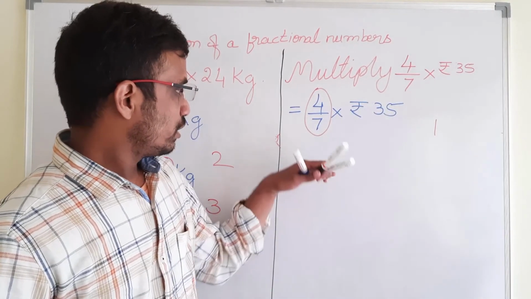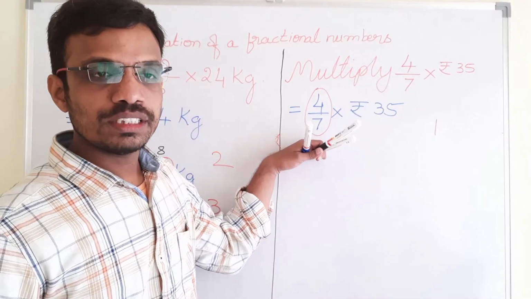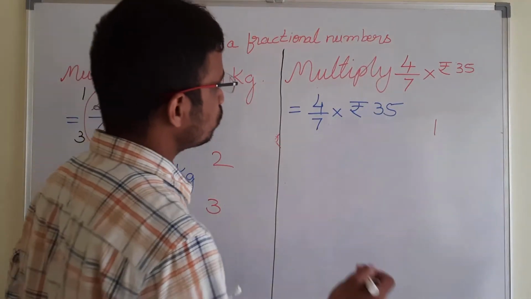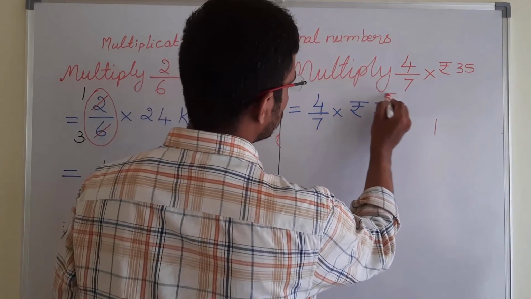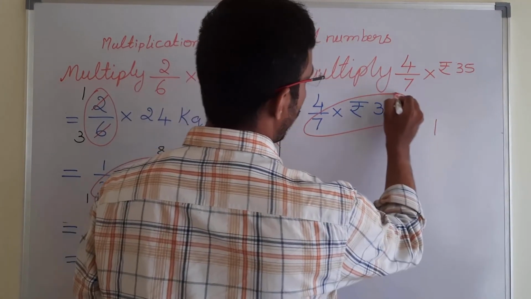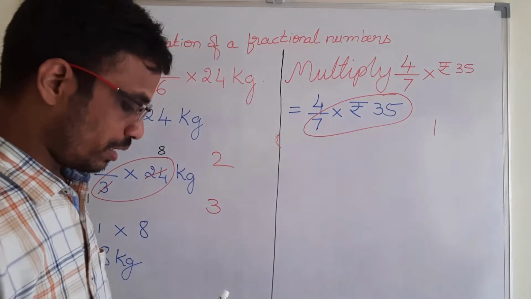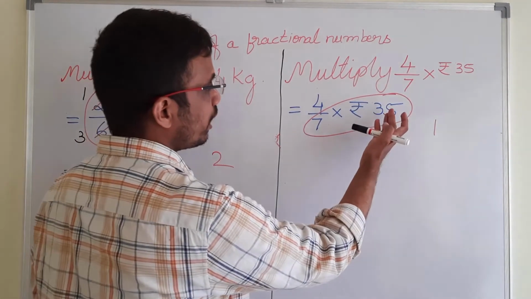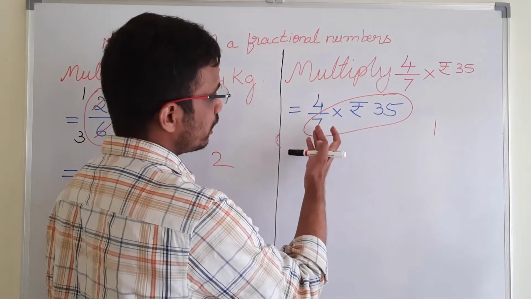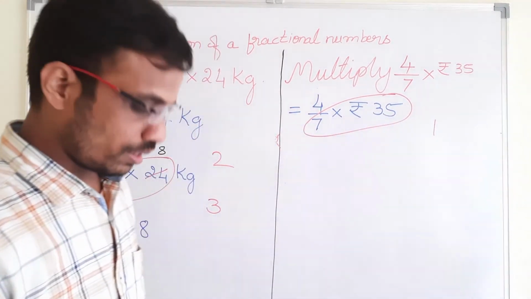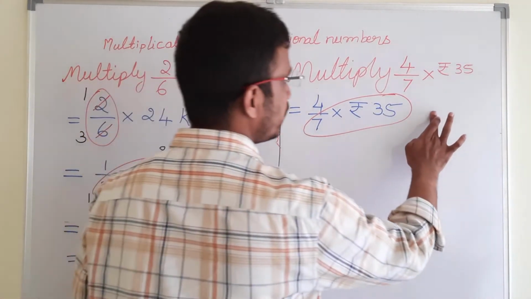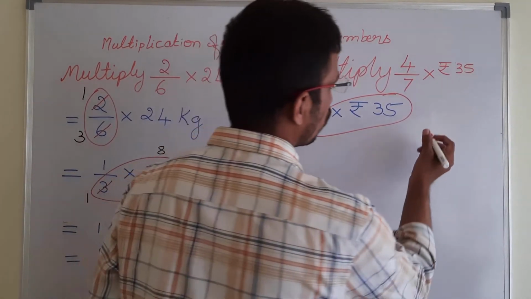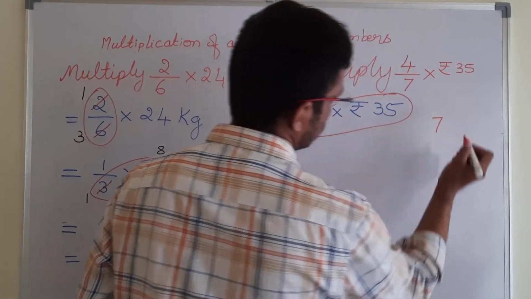After confirming the given fraction is in the simplest form, second step is we have to check the common factors between the whole and denominator. As you can see directly, this 35 is divisible by this denominator 7. Because of that, we will say that this 35 and 7 have a common factor 7.